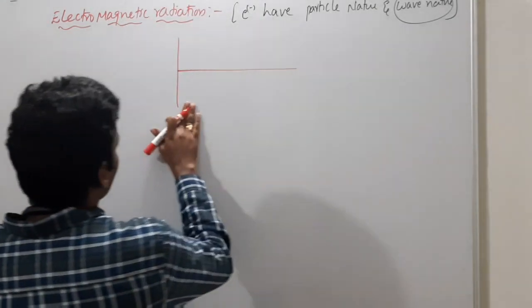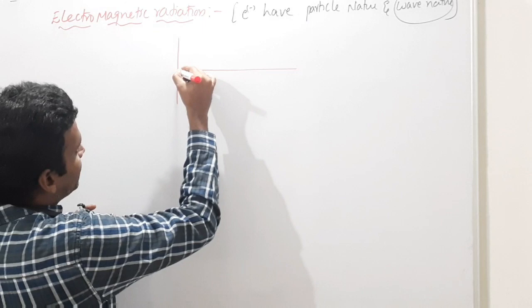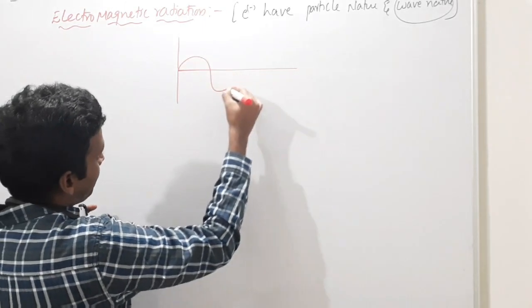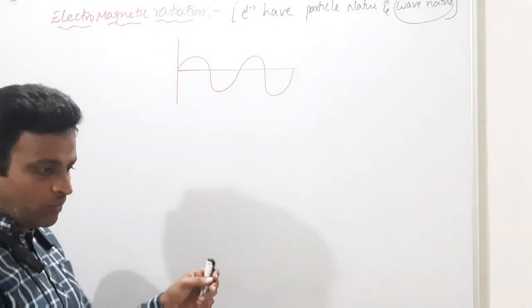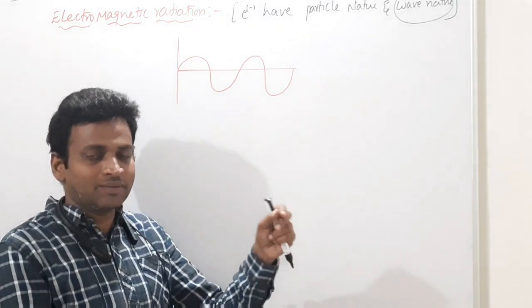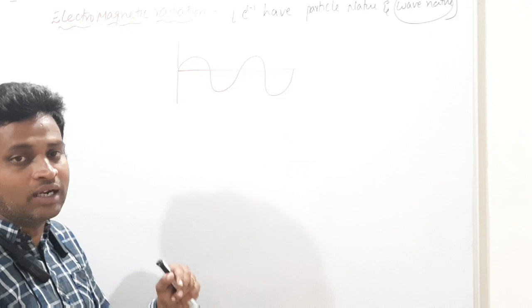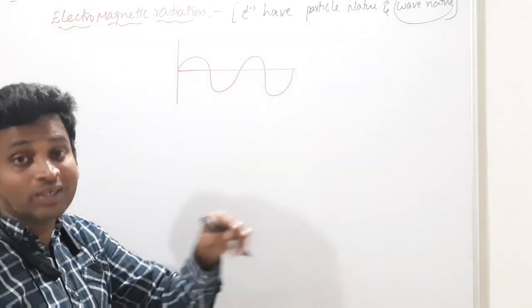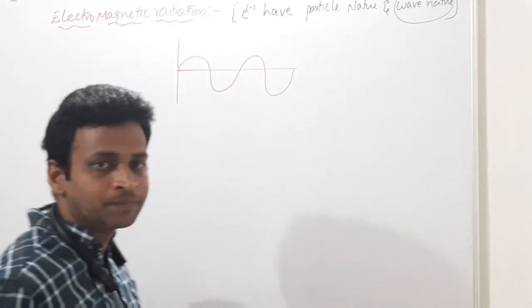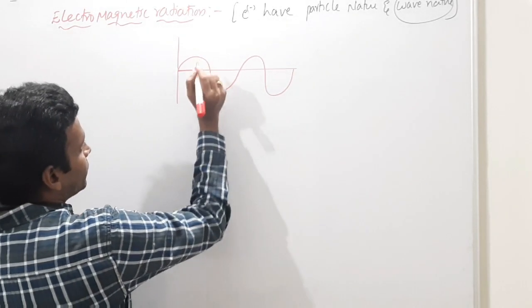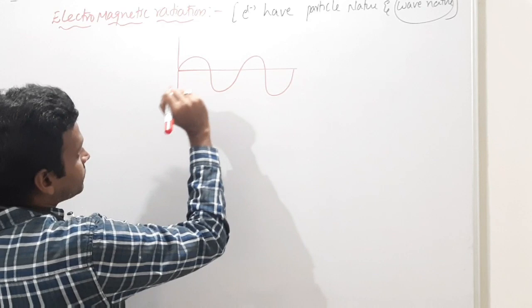To understand this, creating a wave means this. It is creating a wave like this. Who is creating the wave? When a charged body is oscillated in the presence of an electric field and magnetic field, it creates a wave due to ejection of electrons. That means electrons have a wave nature like that. Get it? So here you have, this is a wave.